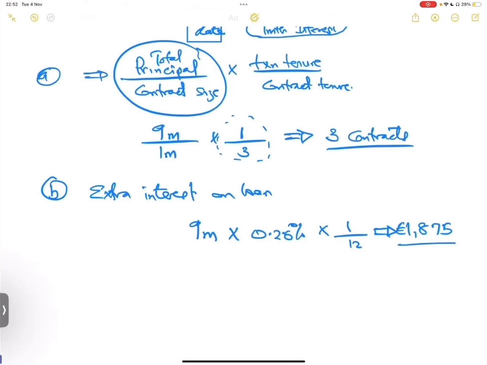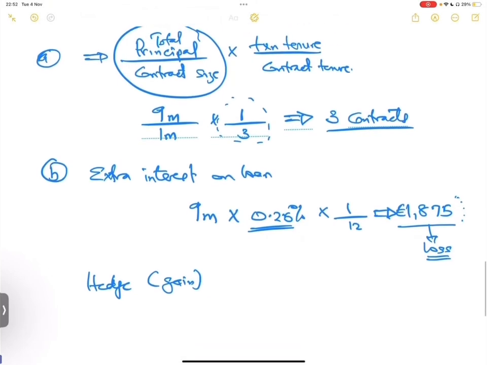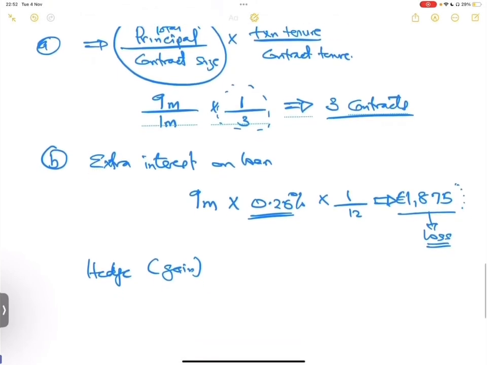Because this is an increase in interest rate, this is a loss. We would definitely expect that the hedge that we have done must be a gain of that amount. But let's find out whether that's the truth.